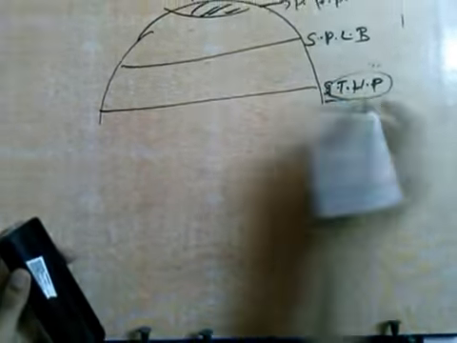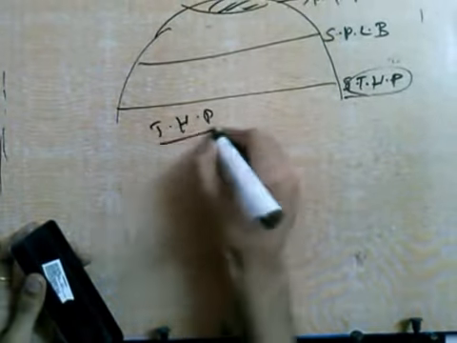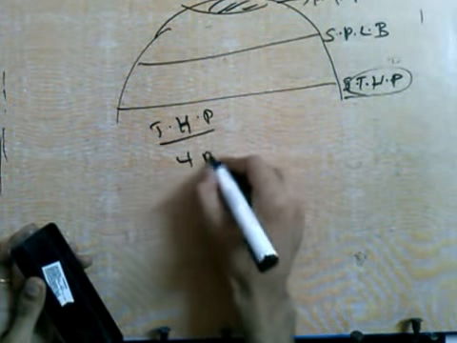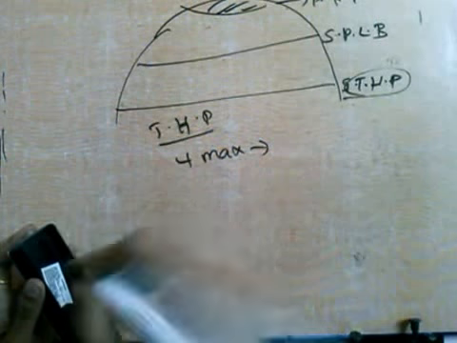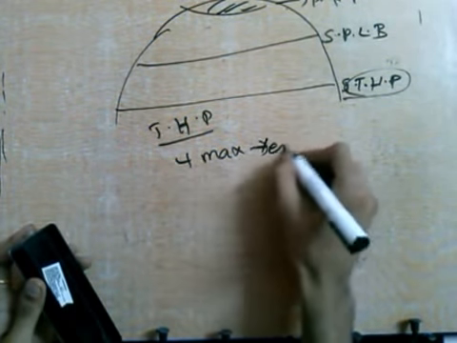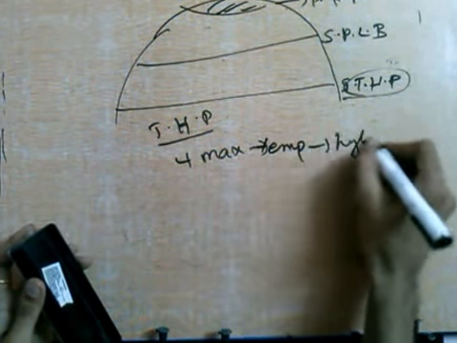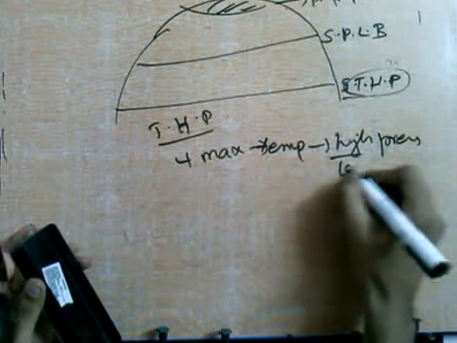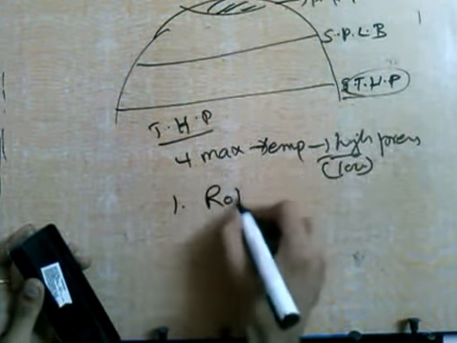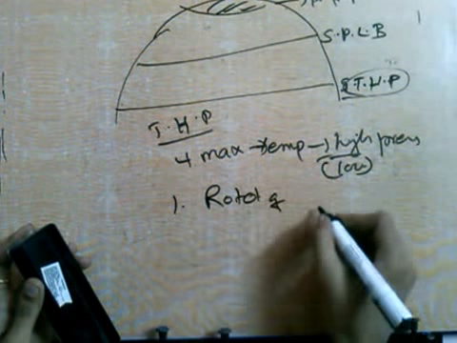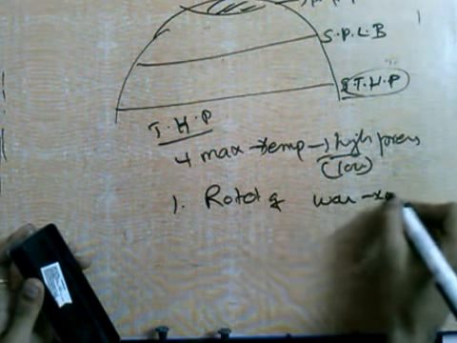And next we have the tropical high pressure belt. In the tropics also we have maximum temperature, but we have high pressure. You should have low pressure, so why then high pressure? It's because of the rotation of the earth, which makes the warm air cooler.